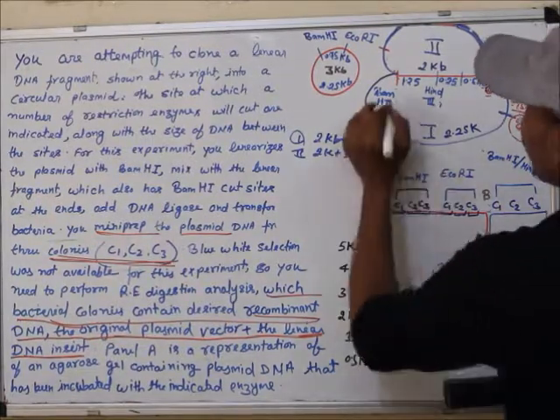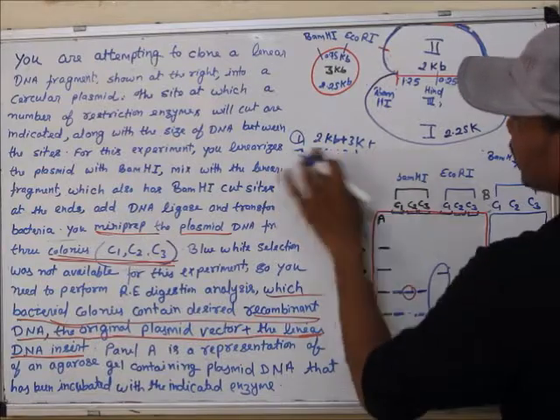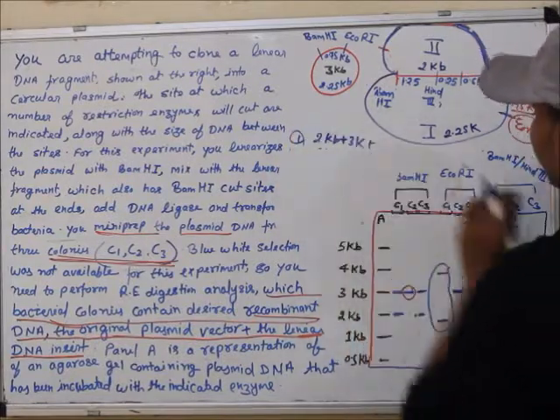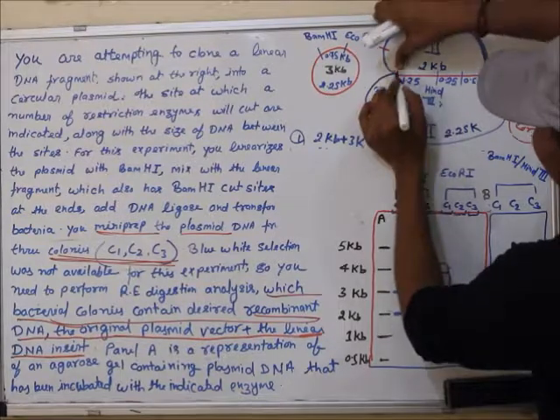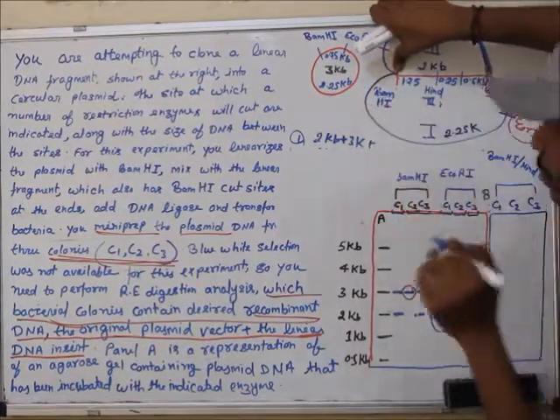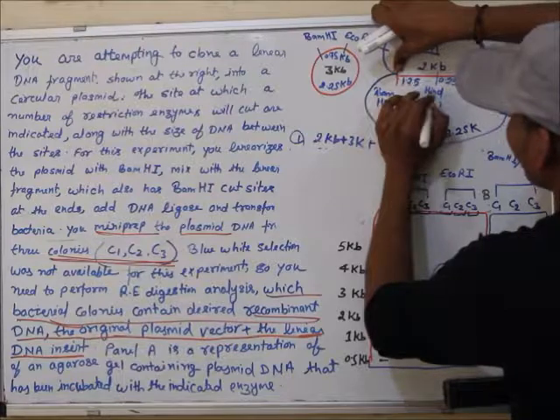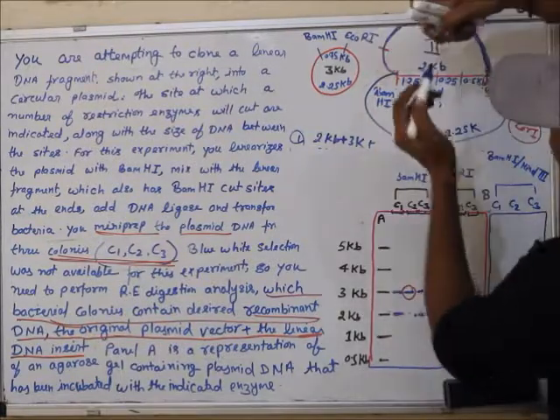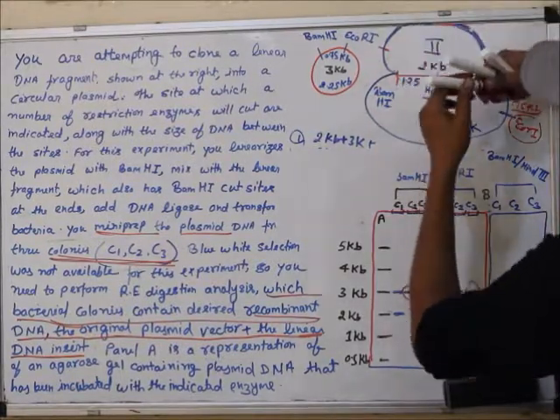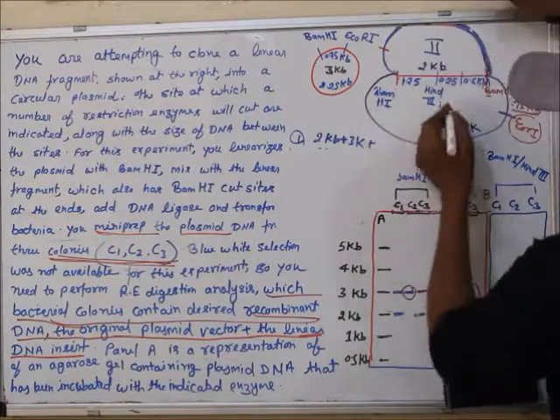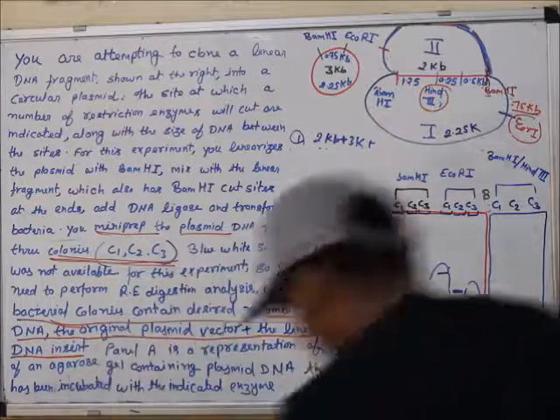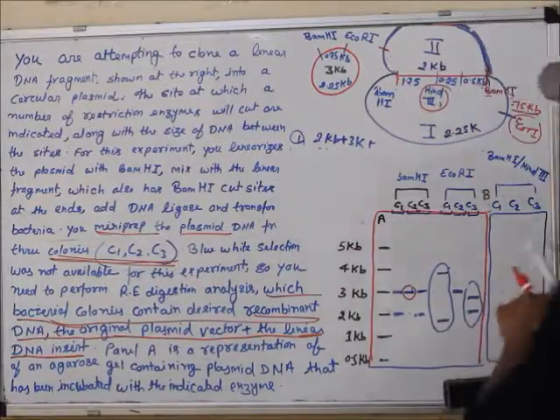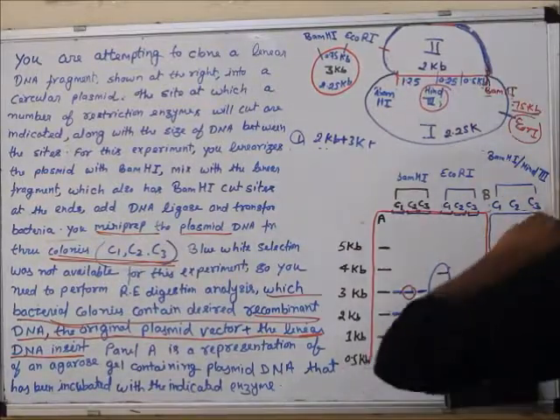So in the first orientation, I am taking examples only for the first orientation. BamHI first, HindIII. So HindIII will act and BamHI will act both. Then the length would be 1.25 kb. HindIII, point out, I am denoting it. So there are two.